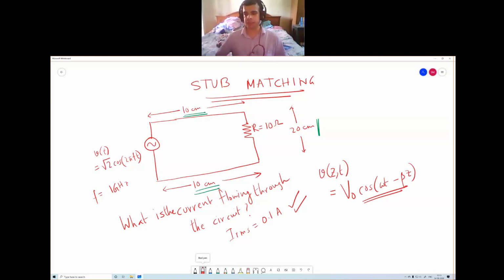Plus x, plus y, plus z, minus x, minus y, minus z, which direction? You must have studied this in your first year physics class, or in your school. This wave is traveling in the plus z direction.